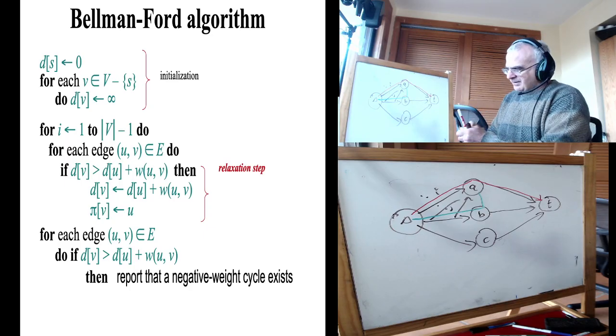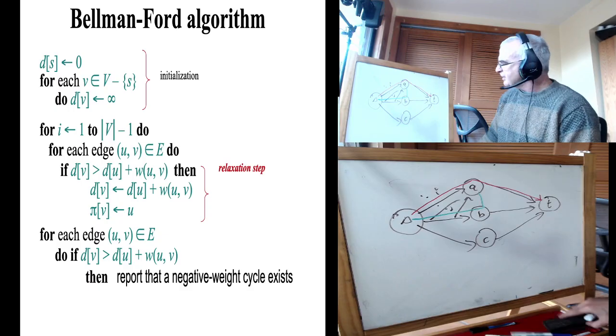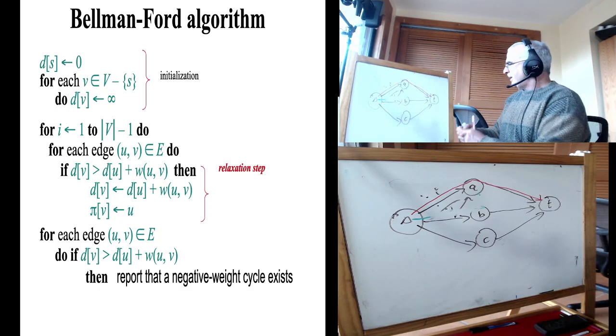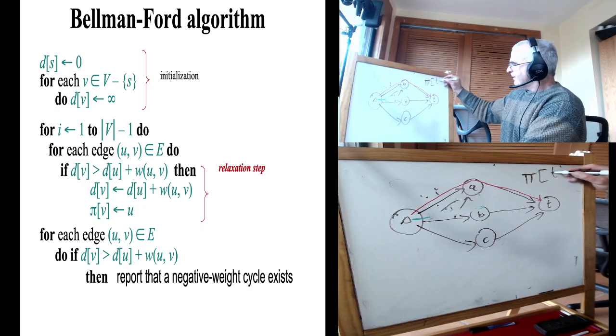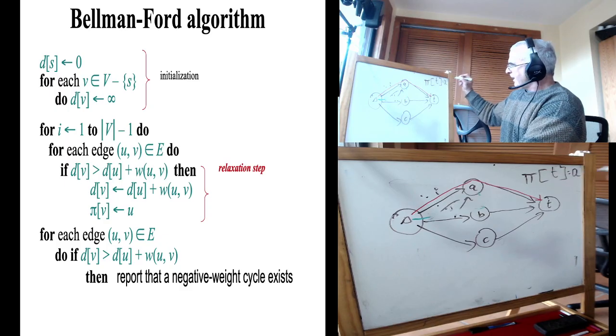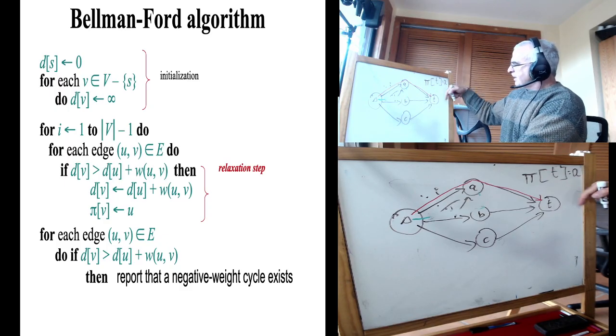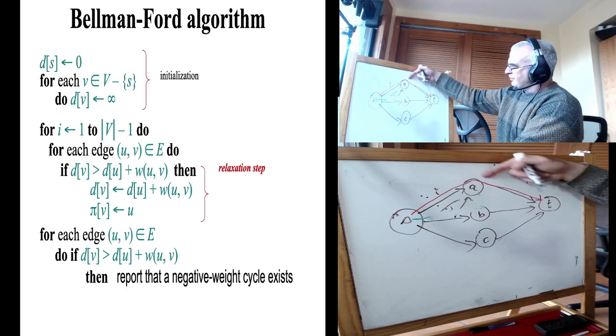So what T will tell me, if the shortest path is the red, is who is its predecessor along the shortest path. Pi of T will be A, telling me that the shortest path to T goes through A. A is a predecessor.